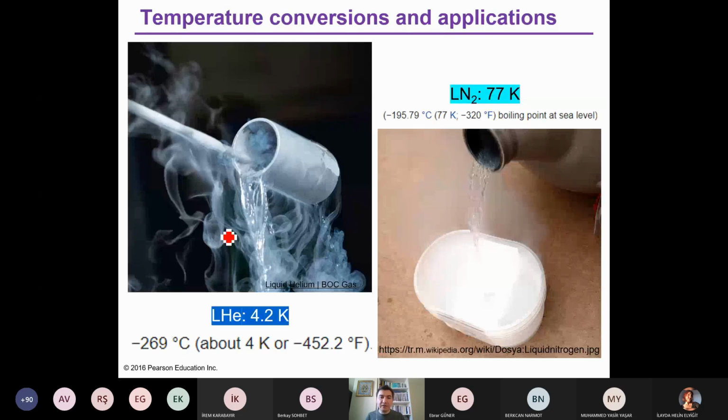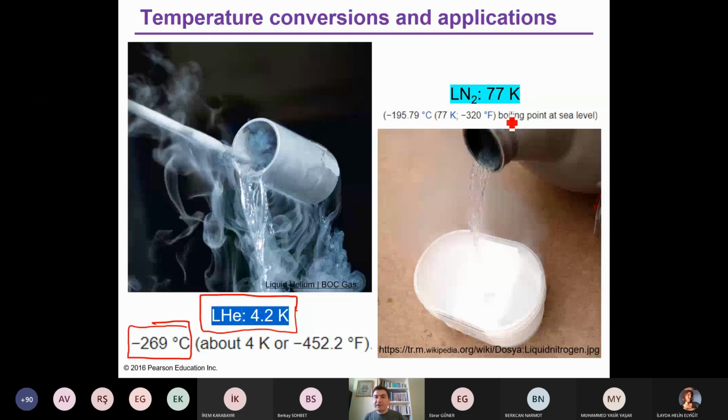But when you liquefy the helium, it will have this temperature, 4.2 Kelvin. It is very close to absolute zero. So you see that in Celsius, it is minus 269 degrees Celsius. It is a very low temperature. For this reason, liquid helium is very cold.